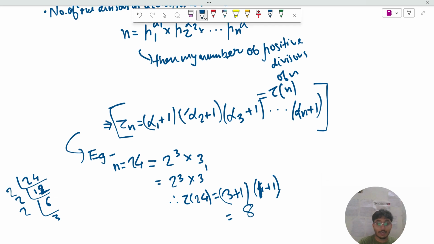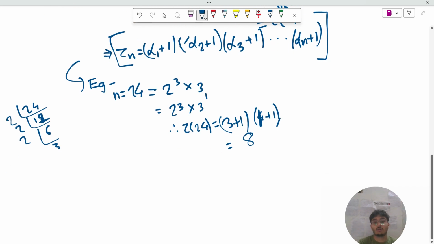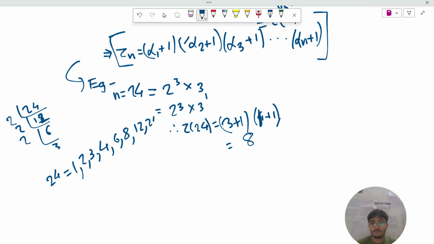Now time to check whether it is correct or not. I will list out the factors of 24, including both primes and composites. So 1, 2, 3, 4, 6, 8, 12 and 24. How many do we have? 4 and 4, that is 8. My results are matching. Hence this is the correct answer.